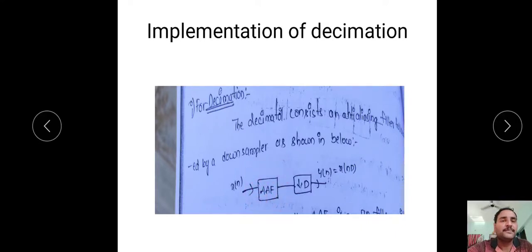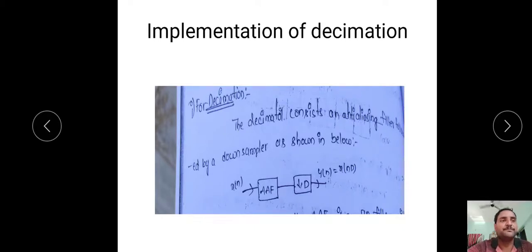First, the given signal is given to the anti-aliasing filter to remove the aliasing effect, if there is any. Then it is given to the decimator, which will reduce the sampling rate of the given signal by D units. The output is then given as y of n equal to x of nD. This is the general block diagram of decimation, where we added the anti-aliasing filter to remove the aliasing effect.